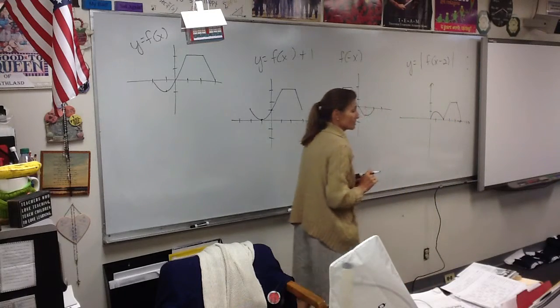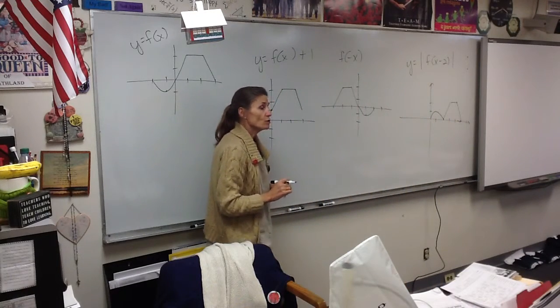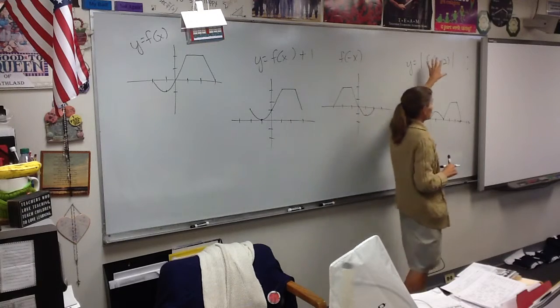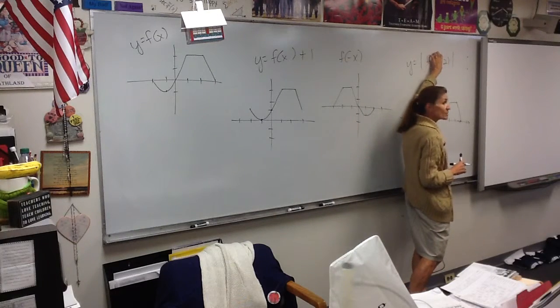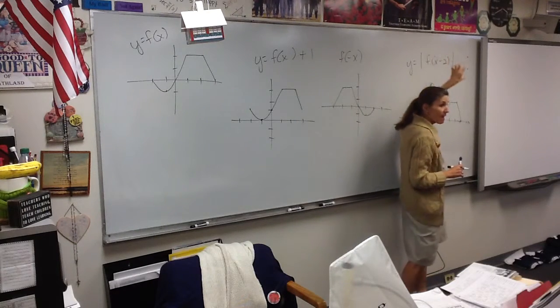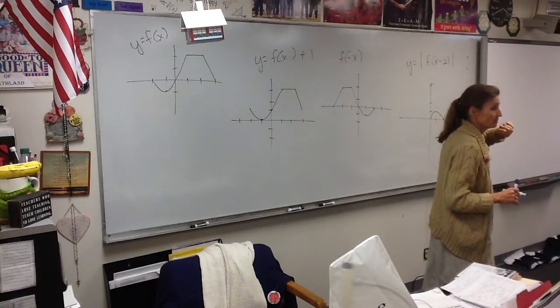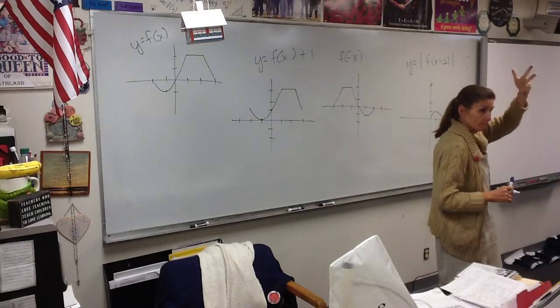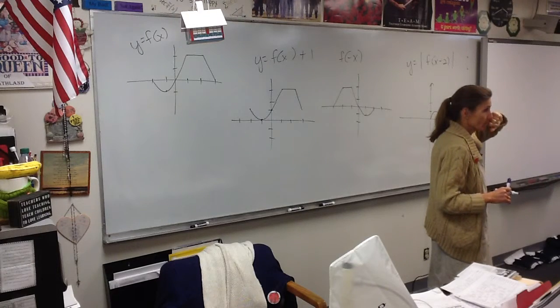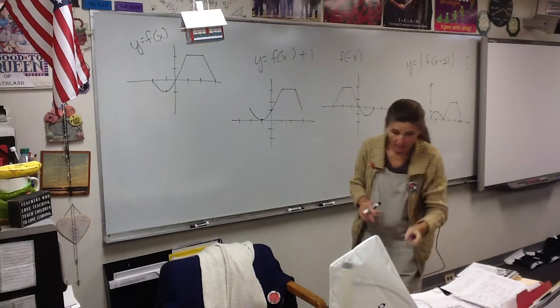There is your answer. When you take the absolute value of f of x, which is y, you're taking the absolute value of the y's. That means you're making the y's positive. Right?